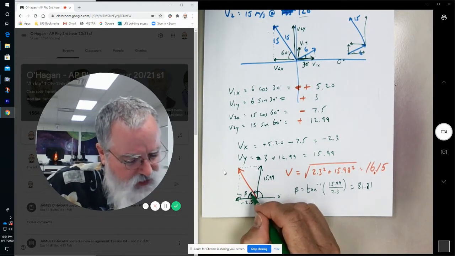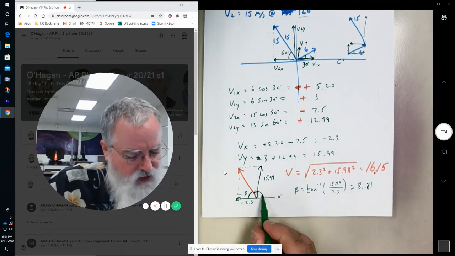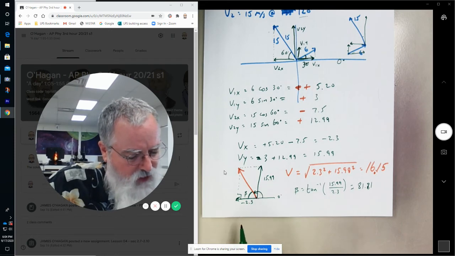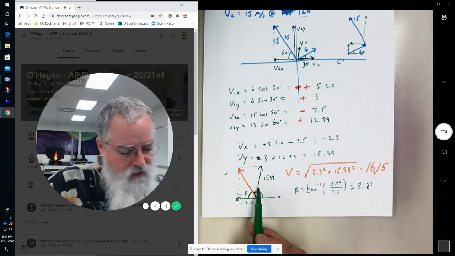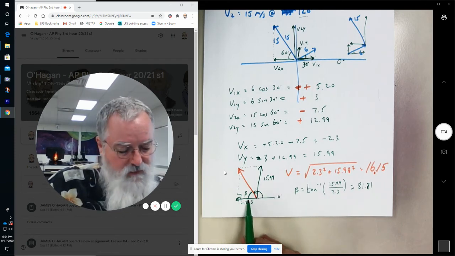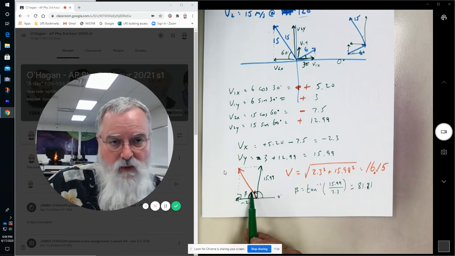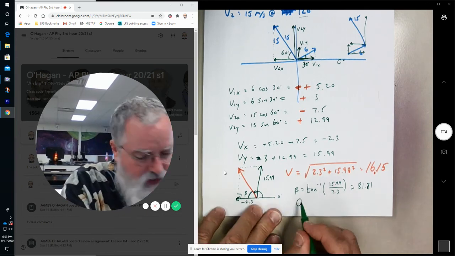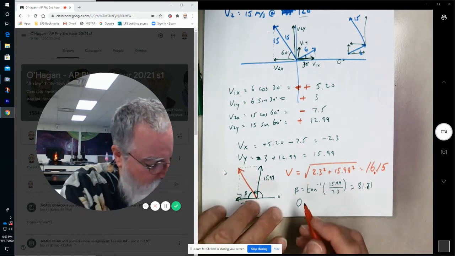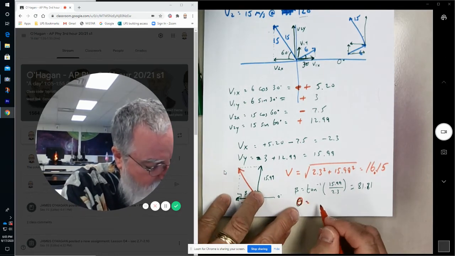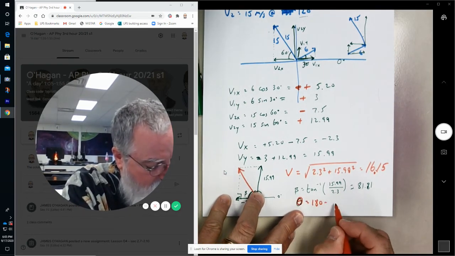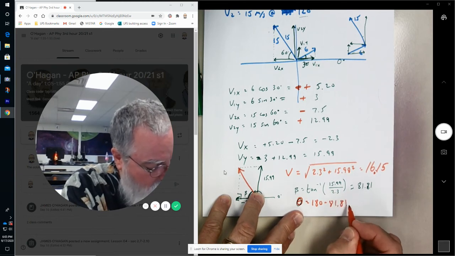That's this chunk here. But I need this chunk all the way over here. So I know from the 0 to this is 180, but we're going to back that up, 81.81. So the actual angle, oh, go red, because I was doing red with the other ones. The actual angle I care for is 180 minus 81.81.